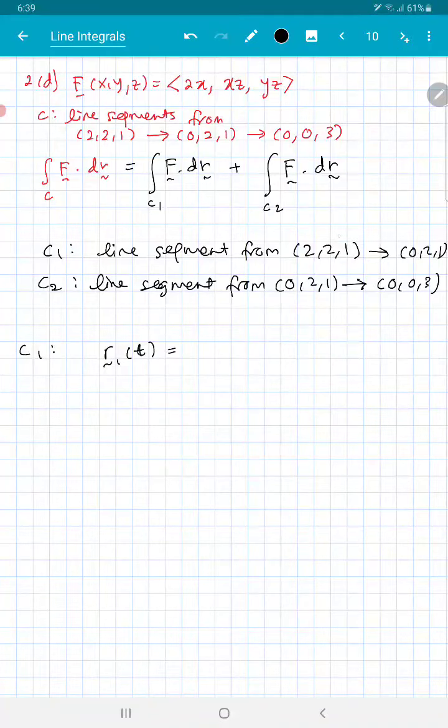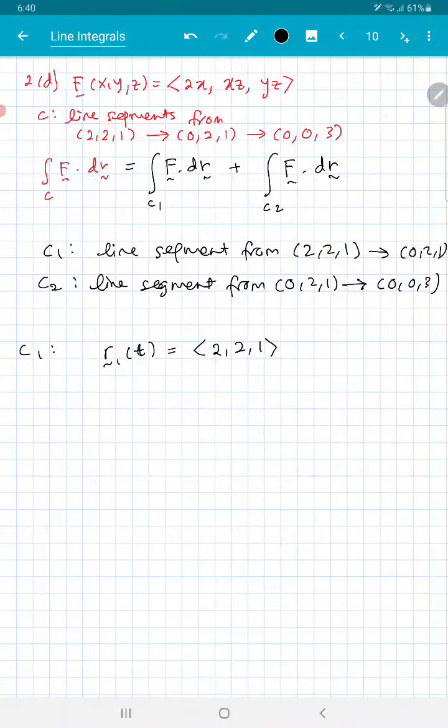First we need the position vector OA. You can either use point 221 as your point A or 021 as your point A. I suggest you choose the starting point as your point A. So in this case, I'm going to choose 2, 2, 1 as point A. Vector OA would be 2i plus 2j plus 1k.